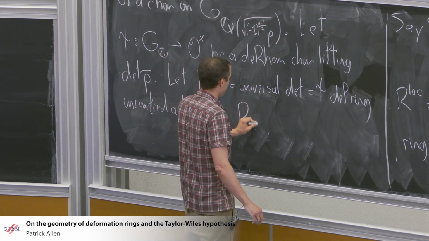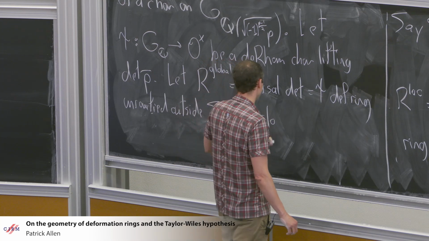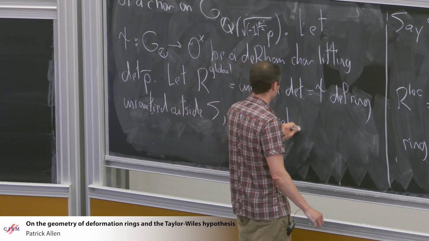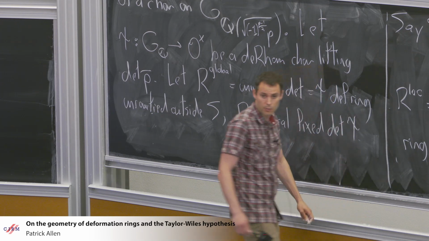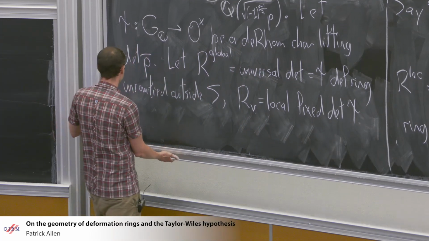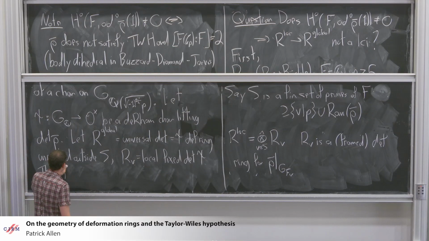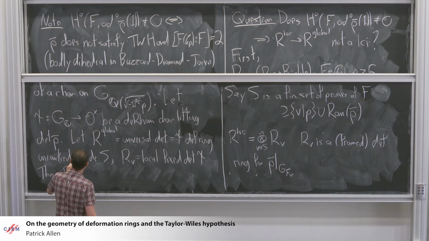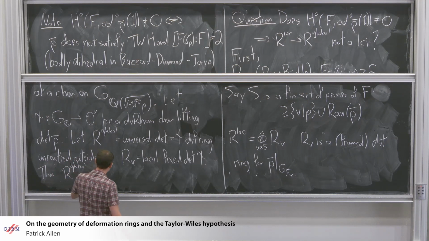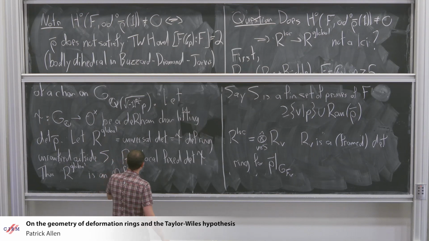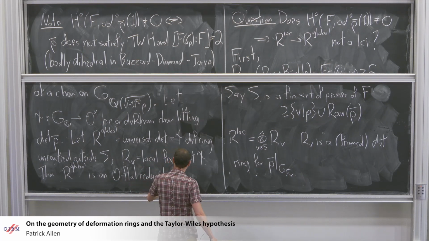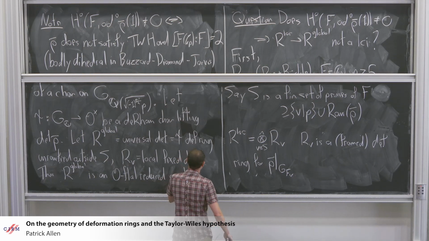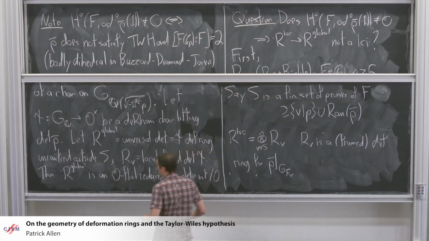And R_v equal the local, the universal local, fixed determinant C as well. Then our global R is an O-flat reduced complete intersection over O of the right dimension.